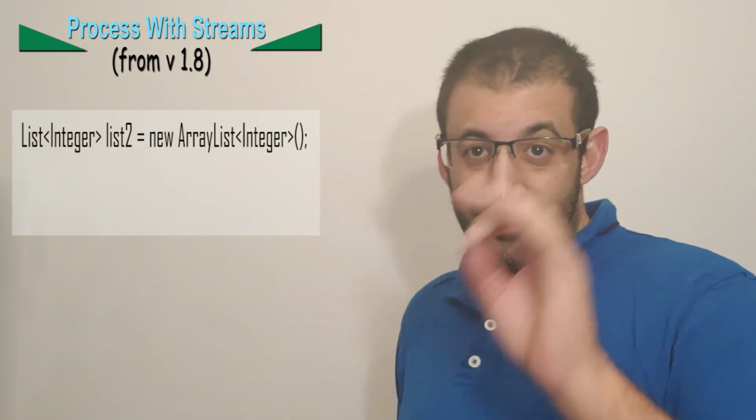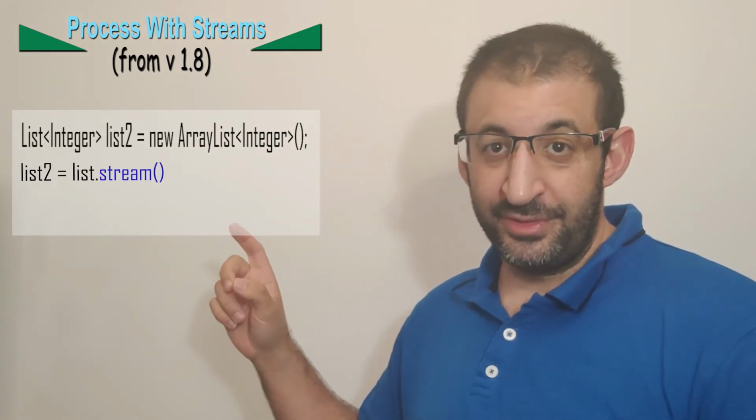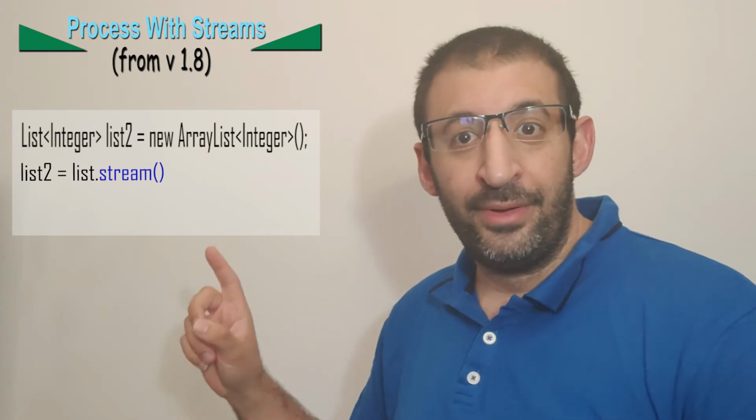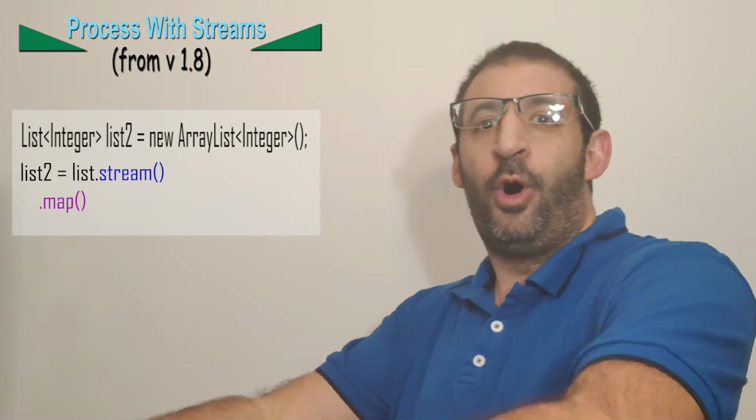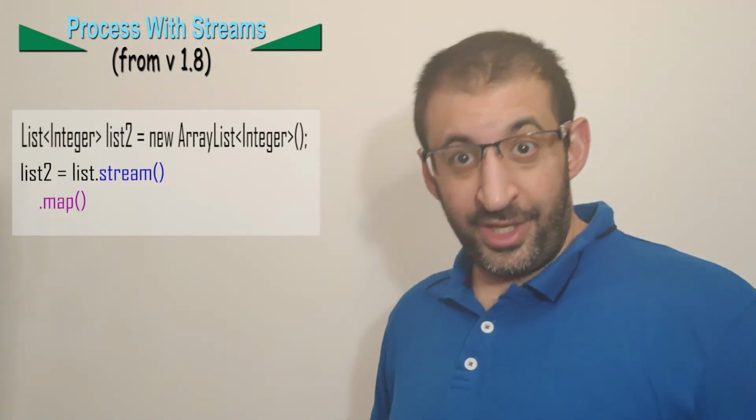Now if I want to make this with stream, how to do this? Here I don't want to filter, remember, I want to get all the elements. So list 2 equals list 1 dot stream dot map, map, for retrieving all the values. All, I repeat, all, okay?